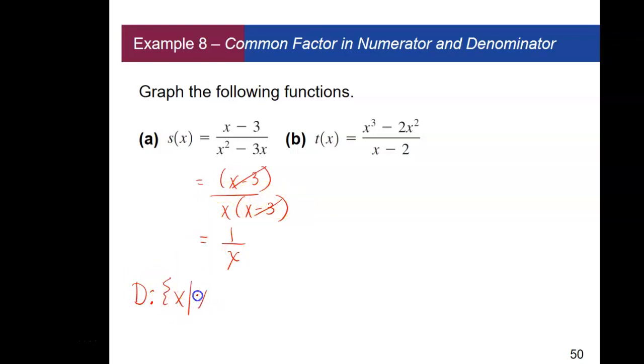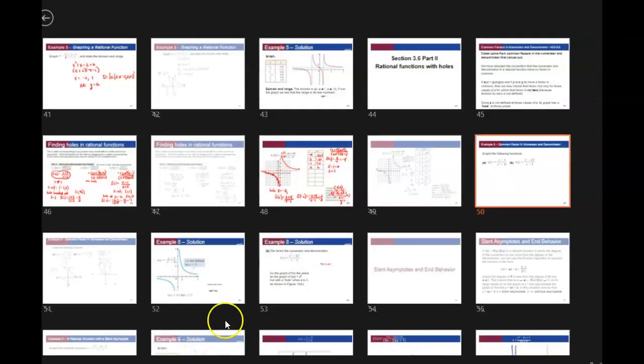So my x is going to be all x such that x is not 0 and x is also not 3. My vertical asymptote on this one is only going to be the one that didn't get canceled. So my vertical asymptote is going to be 0 and my hole is going to be located at x equals 3.